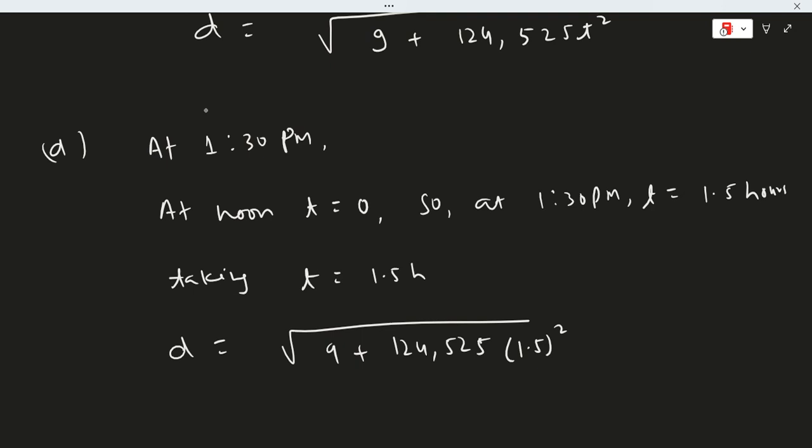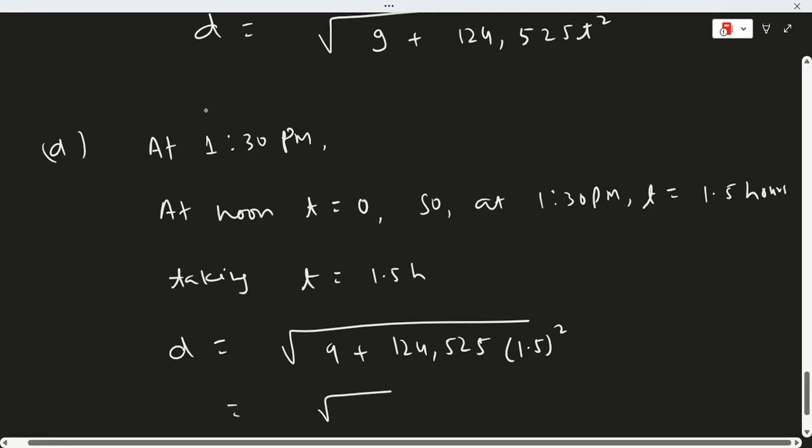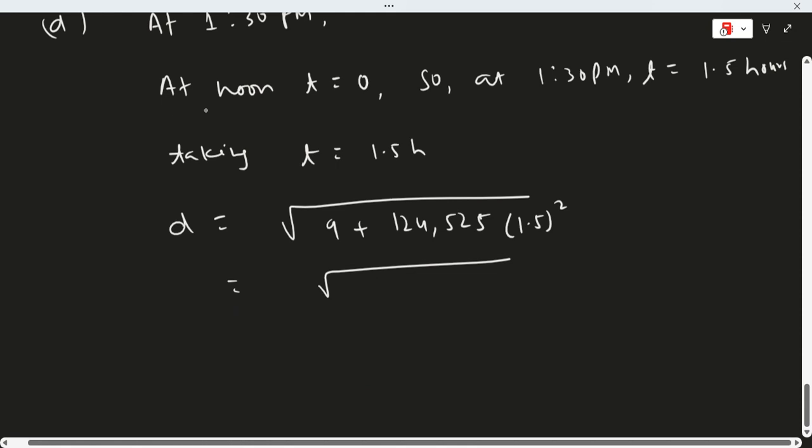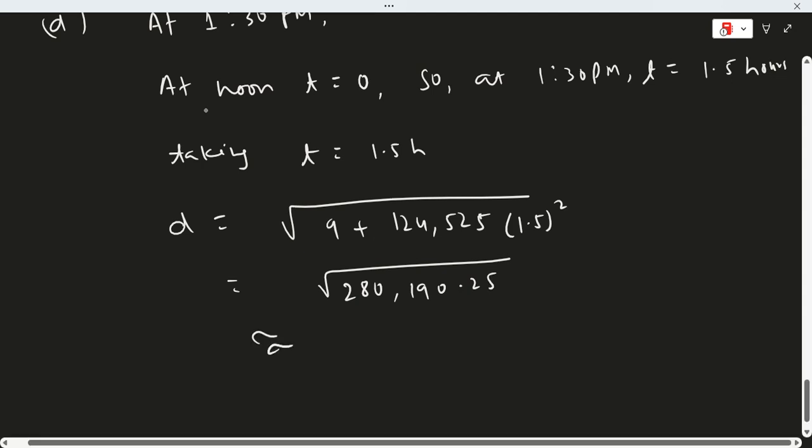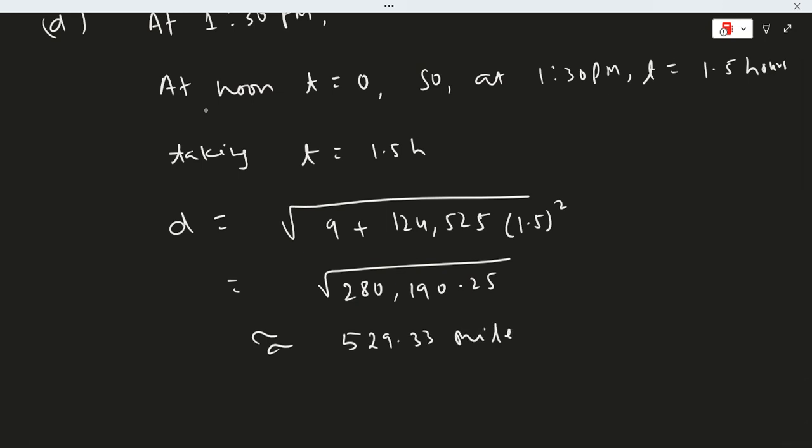This will finally give us the square root of 280,190.25, which approximately comes to 529.33 miles.